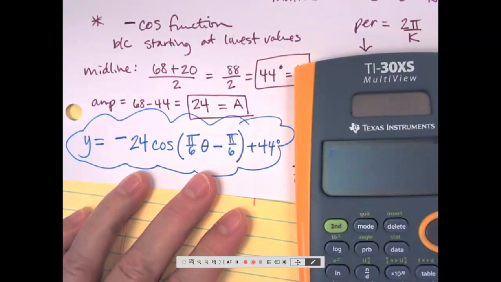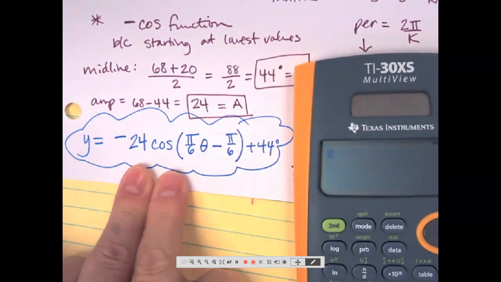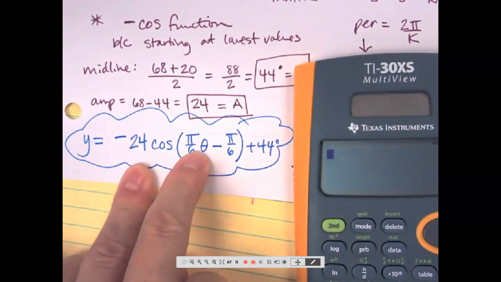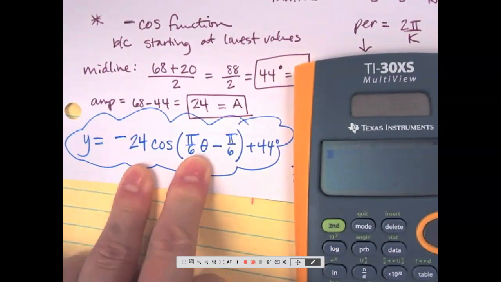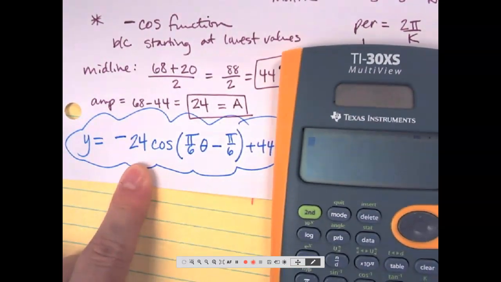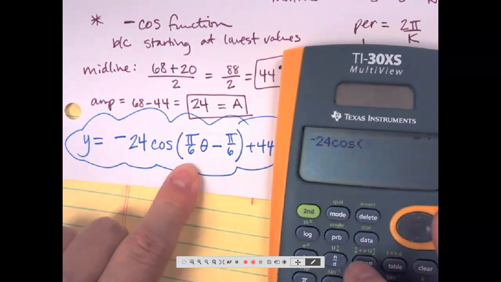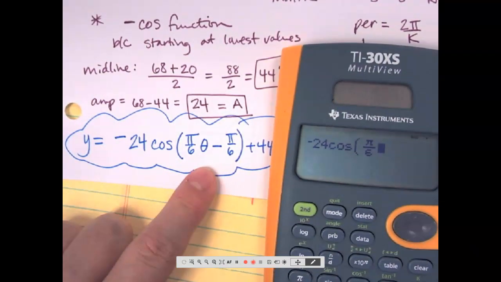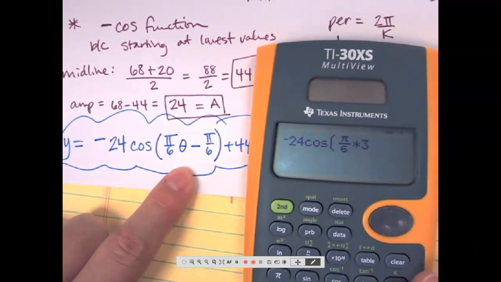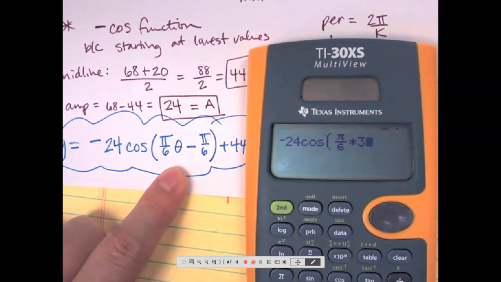January, February, March. It's the 3rd. So I'm going to enter this equation, but in the place of theta, I'm going to put 3. Negative 24 cosine of pi over 6 times theta. Well, for March, that's the 3rd month, minus pi over 6, close it, plus 44.